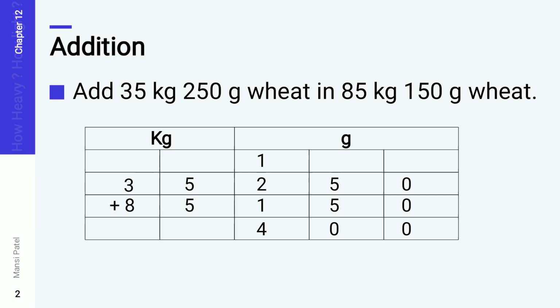Now the turn for the kilogram. Do the addition. 5 plus 5, 10. So write 0 here and 1 in the carry. Then 1 plus 3, 4, and 4 plus 8, 12. So what is the answer of 35 kilogram 250 gram plus 85 kilogram and 150 gram?